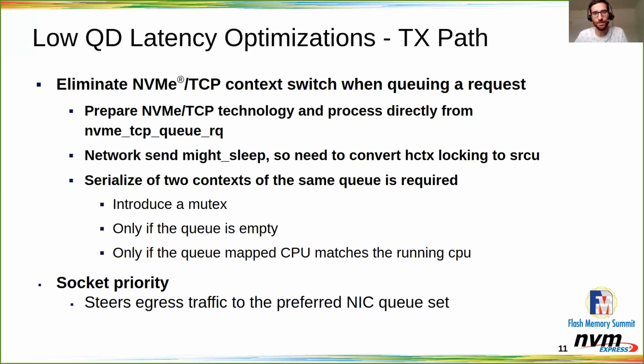But given that two contexts may now access the stream together, we may not want to contend. So we only do this optimization if the queue is empty, meaning that the context switch is really unneeded. And even if the queue is empty, which is an advisory indication, only if the map CPU matches the running CPU.